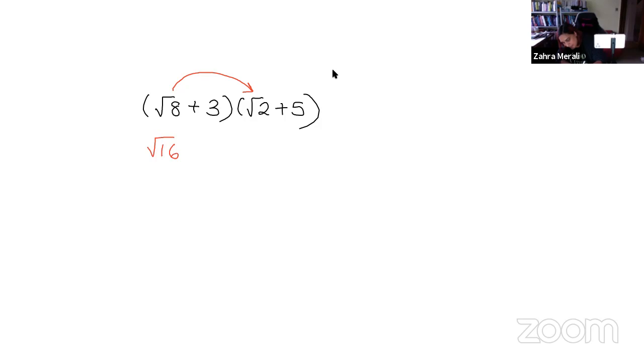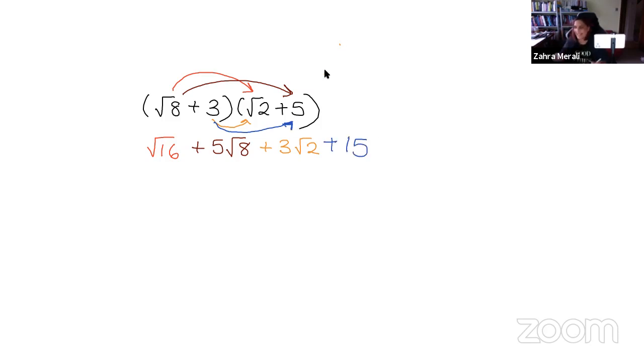Then I'm going to take root 8 and multiply it by 5, which gives me 5 root 8. Then I've got 3 times root 2 to give me 3 root 2. So I've got root 16, 5 root 8, 3 root 2. And what have I got left? Then all I've got left is 3 times 5 to give me 15.